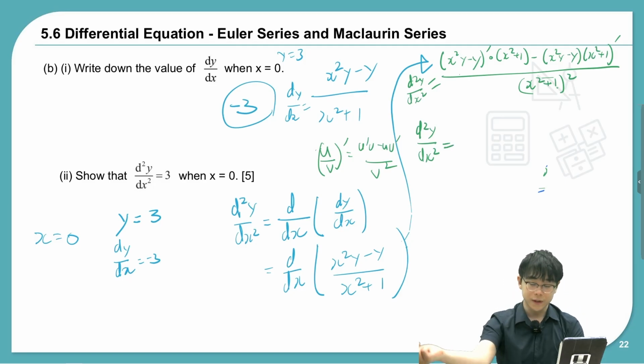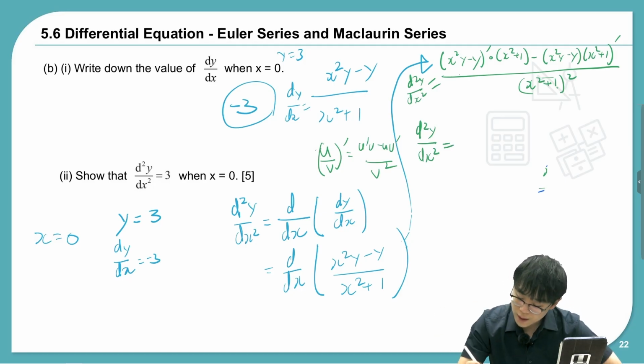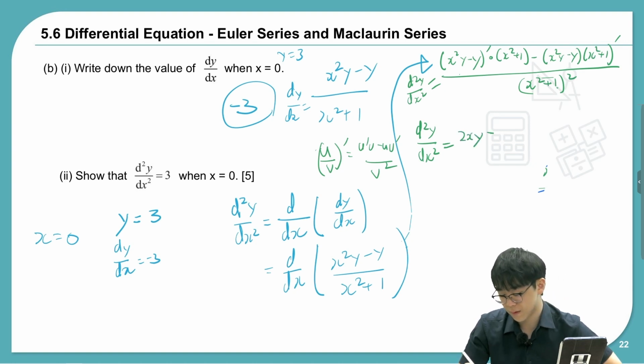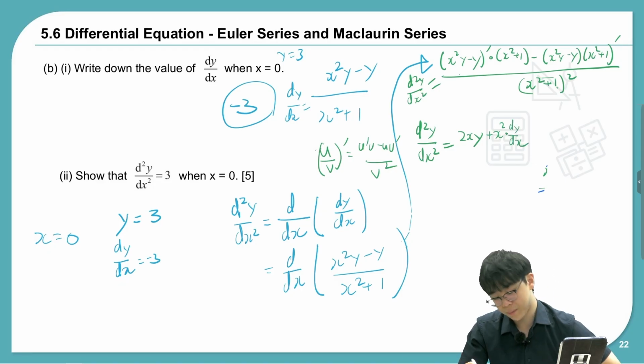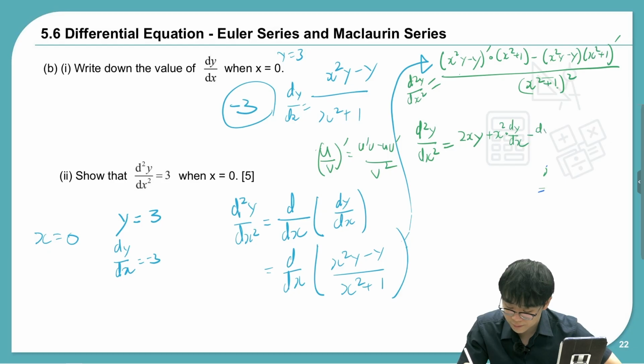If you differentiate the first one right here, we would get 2xy plus x squared times dy over dx because of the product rule. Then we get minus dy over dx, right?